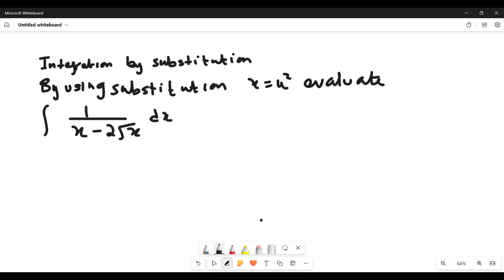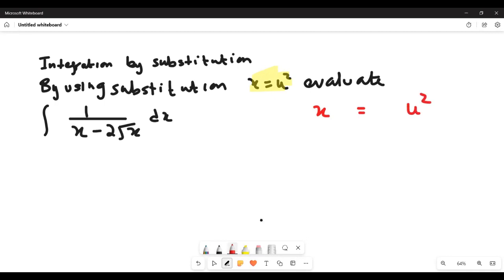Okay. When the question says use the substitution, so of course this is the case number 7 where you have to integrate using substitution. It's no other case that we've studied before. It's this case. So the substitution is x equals u square.